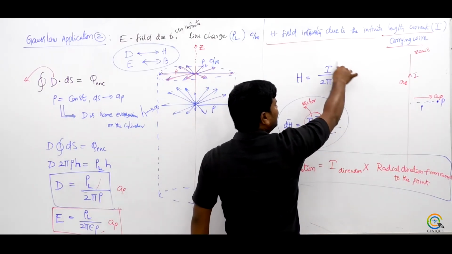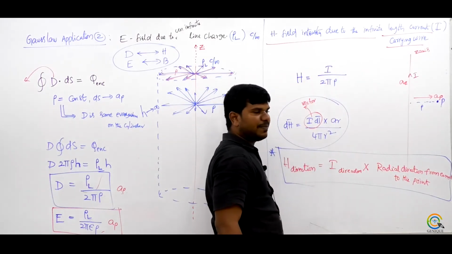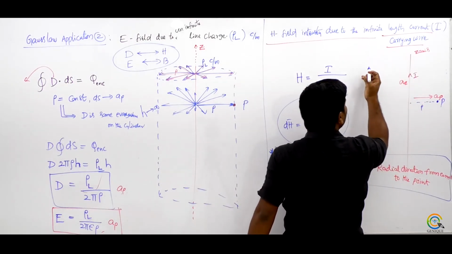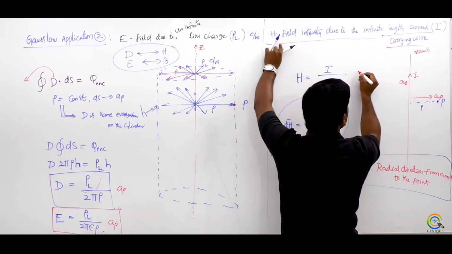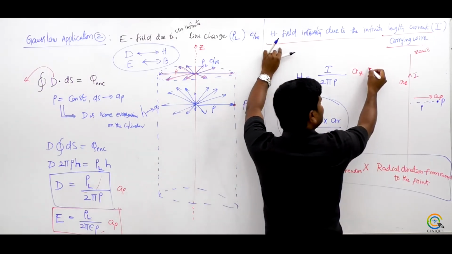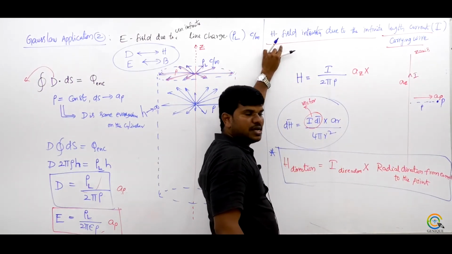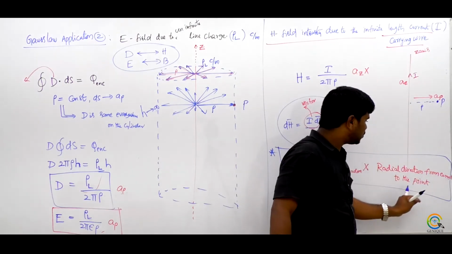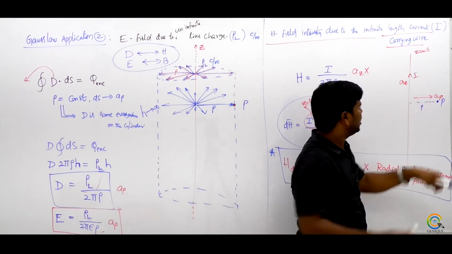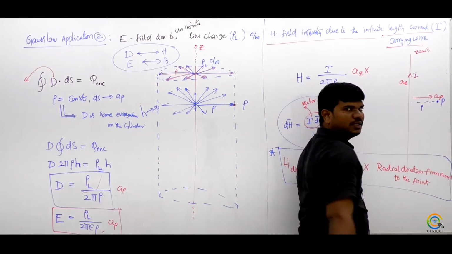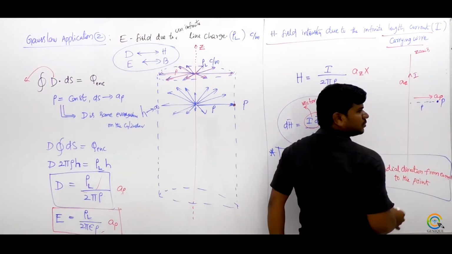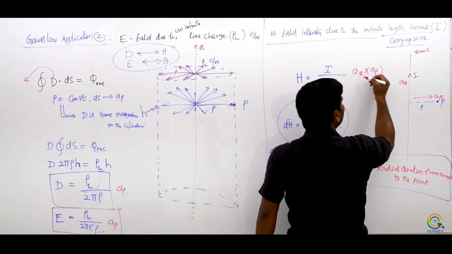We already found the magnitude, I divided by 2 pi rho. Now what is the current direction? The current direction for this is a_Z. The current is going in this direction. Cross, what is the radial direction? The radial direction is from the current to the point, meaning the a_rho direction.